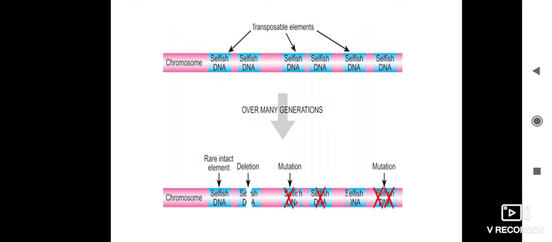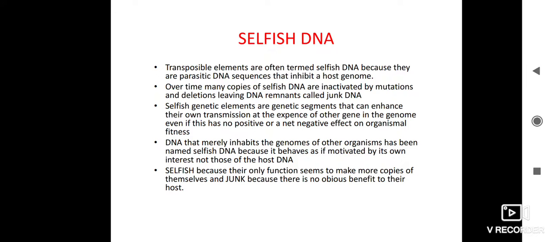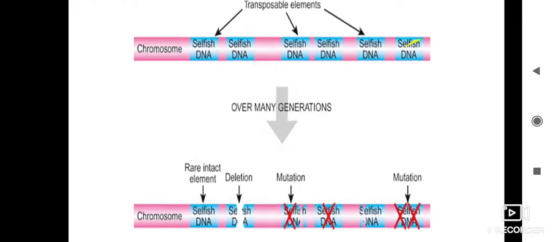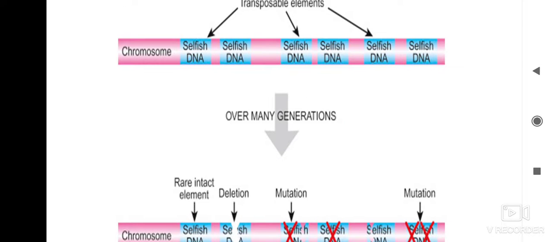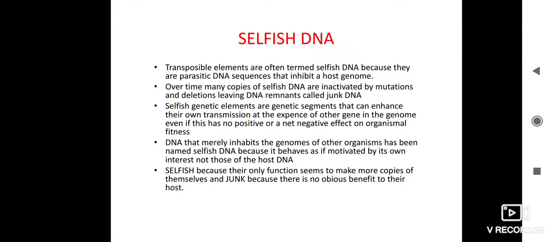It is the selfish DNA. This is the chromosome. These are the selfish DNAs. DNA that merely inhabits the genome of other organisms has been named selfish DNA because it behaves as if motivated by its own interest, not those of the host DNA.